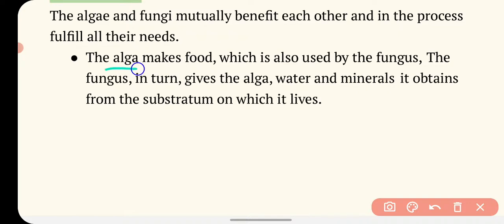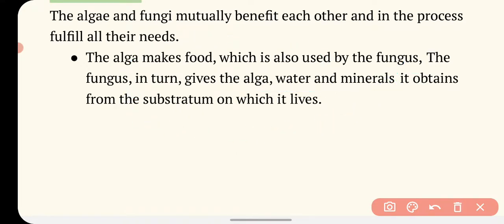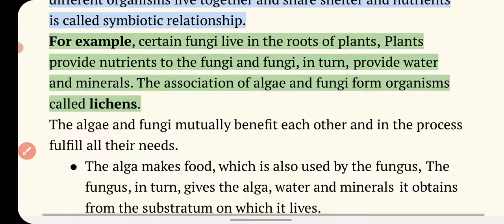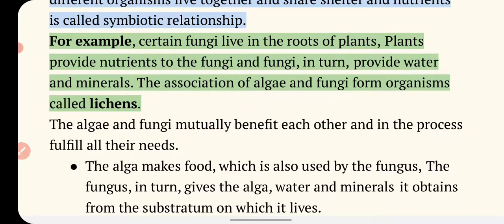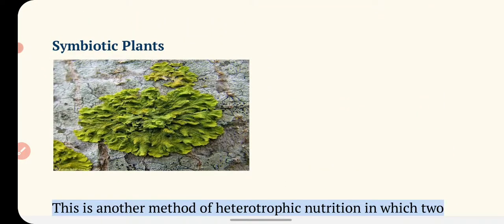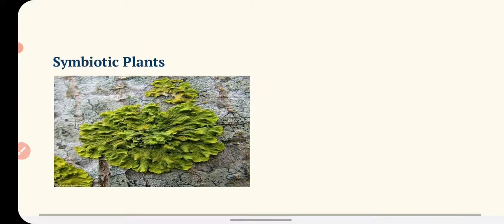So algae gives the food to the fungi, and fungi in return give water and minerals, benefiting each other. This kind of relationship is called a symbiotic relationship, and here both the organisms are getting benefited by each other.